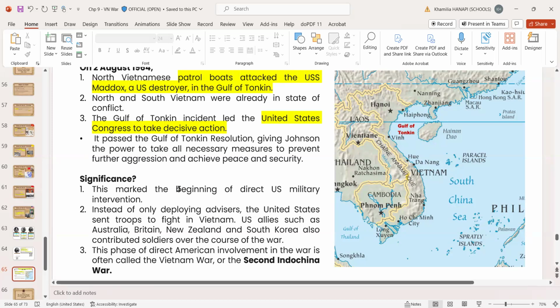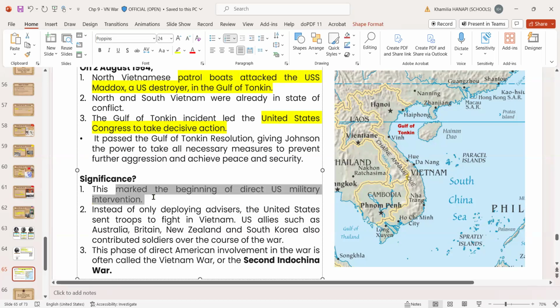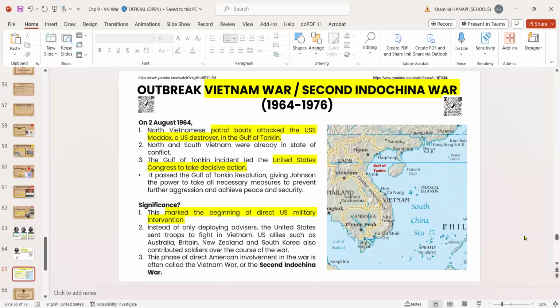Because of this incident, it marked the beginning of direct US military intervention. And it was not only US soldiers, it was also soldiers from other countries. So this was a major incident that led to the escalation of the war, which is called the Gulf of Tonkin incident.